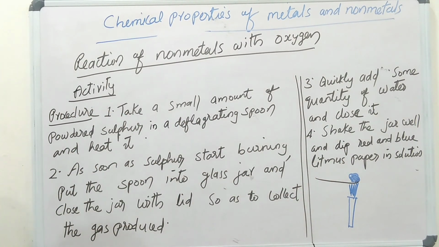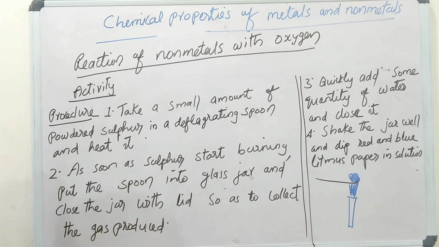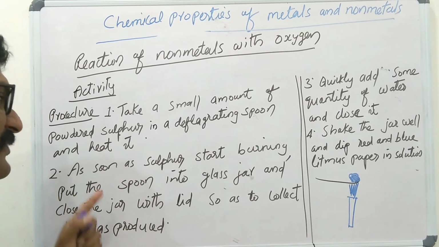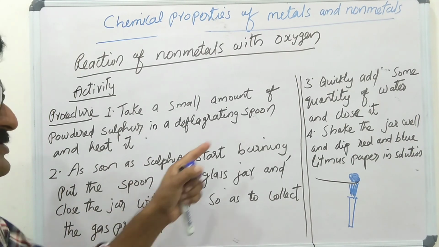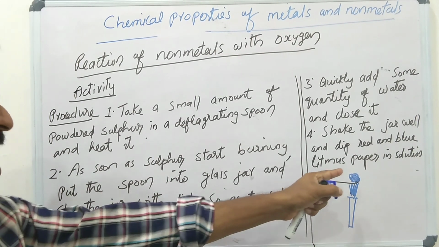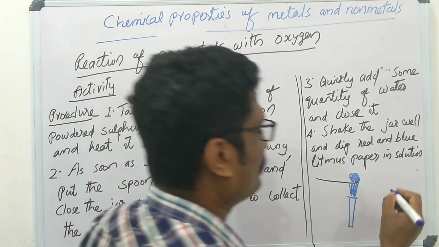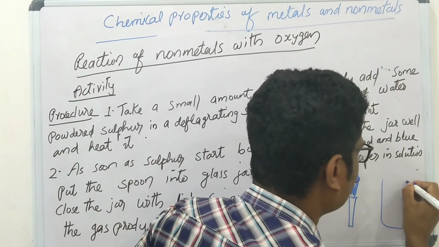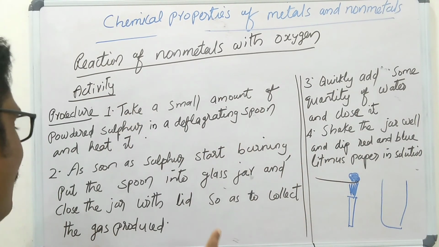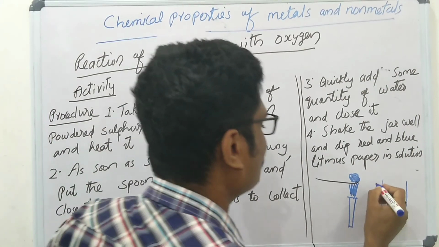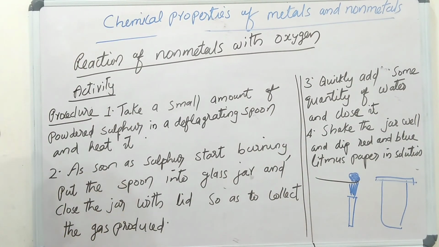Then the next step, as soon as sulfur starts burning, put the spoon into a glass jar and close the jar with the lid.